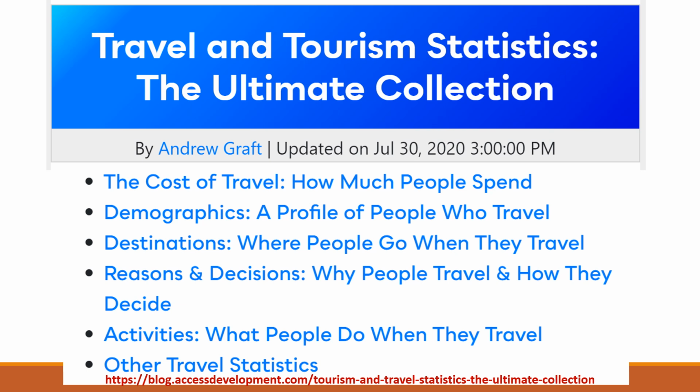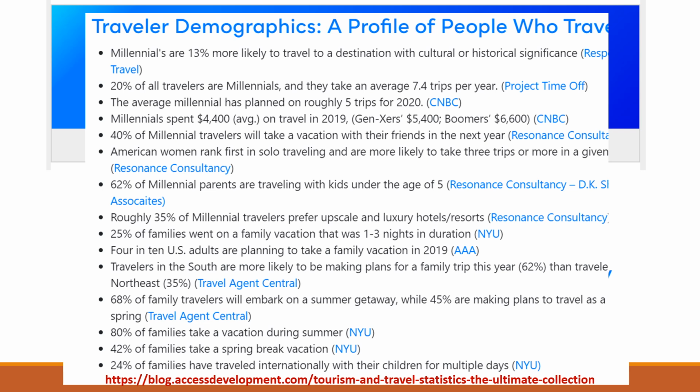Here is the list of the 6 categories where they have information, and you can see an example of just one of the categories, with just some of the topics underneath. Each of these bullet points has some statistics related to travel and tourism, but they also link you to the original source so that you can go and get additional information if you desire.